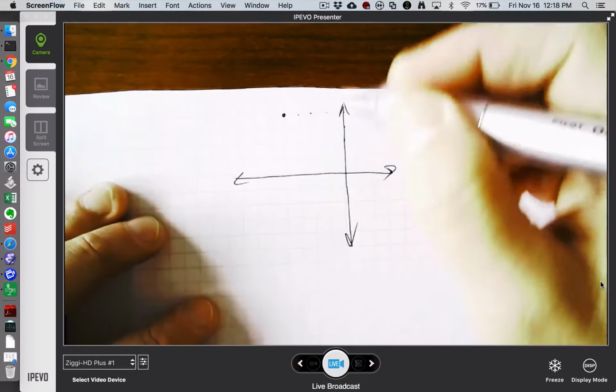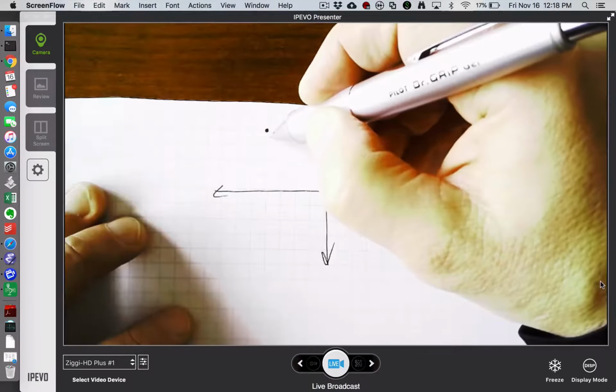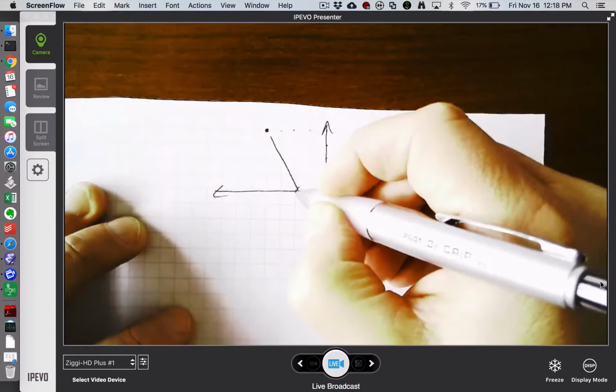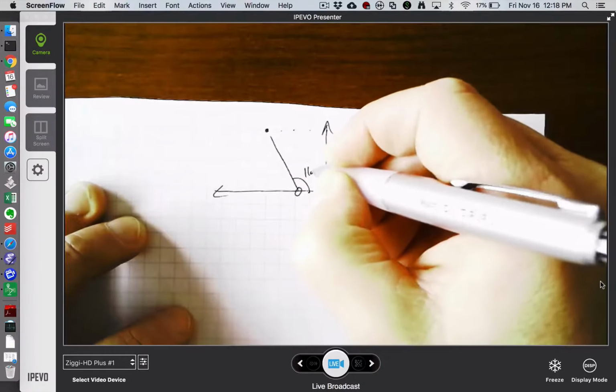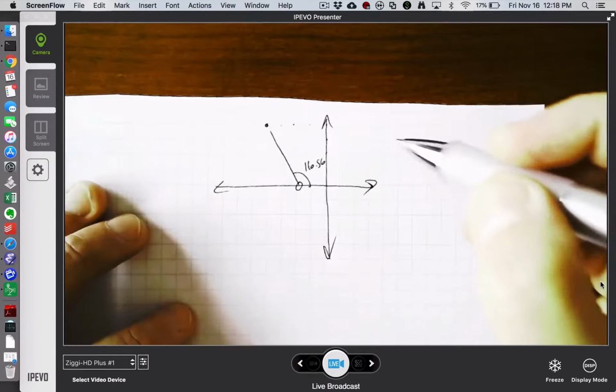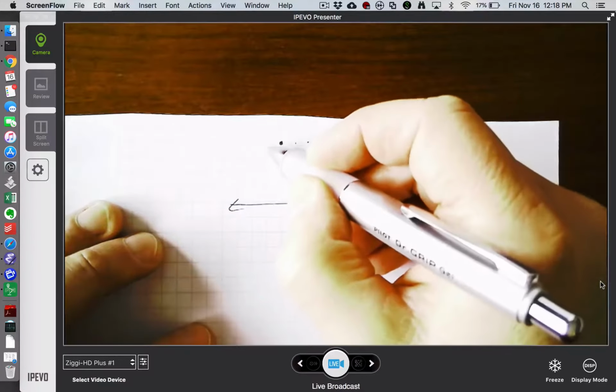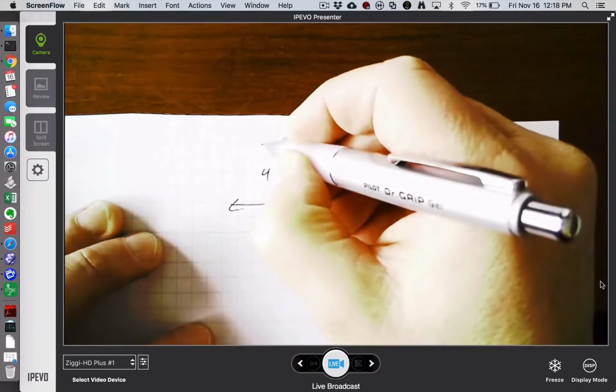So here's my test point at negative 4, 4. And we're saying we have some 0 location, and this is 110.56. And I know that this distance is 4.